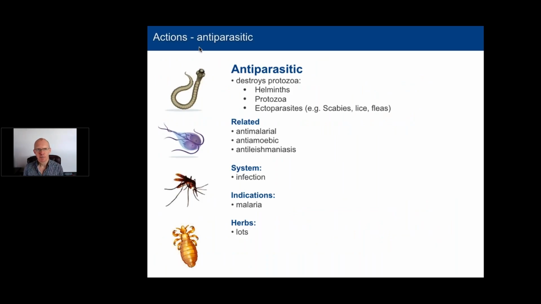Now, another action is an antiparasitic action. This is a broad term. A parasite can refer to a number of different types of infections. Sometimes naturopaths and other natural therapies will use the term parasites in a very ambiguous way. They'll say, oh, you've got a parasite inside your gut.